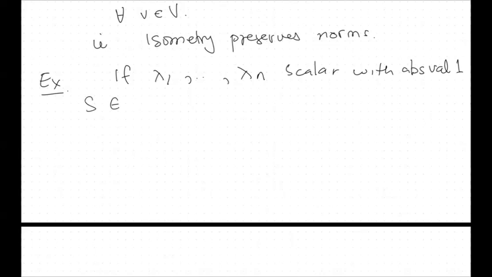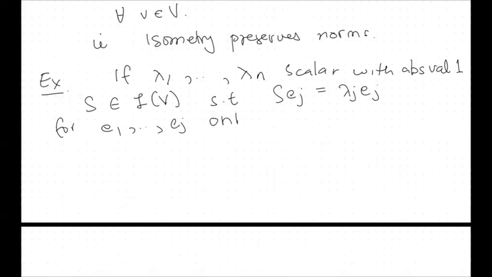And we get a linear operator S satisfying the following: S of E j is lambda j E j, where E 1 to E n is an orthonormal basis of V. And then the claim here is S is an isometry.